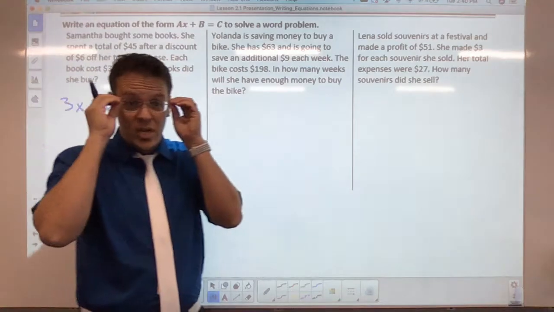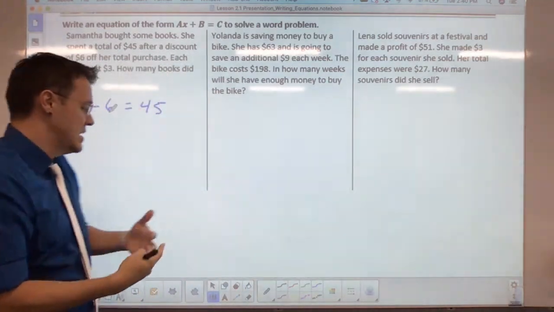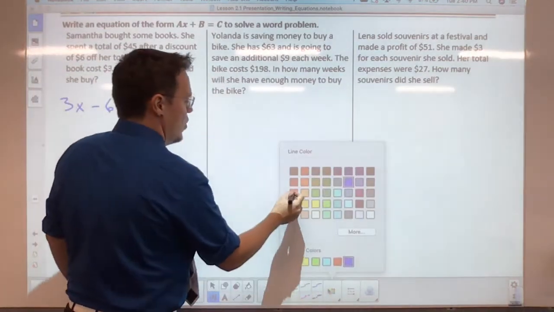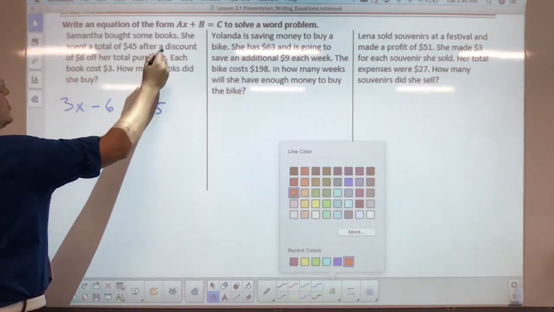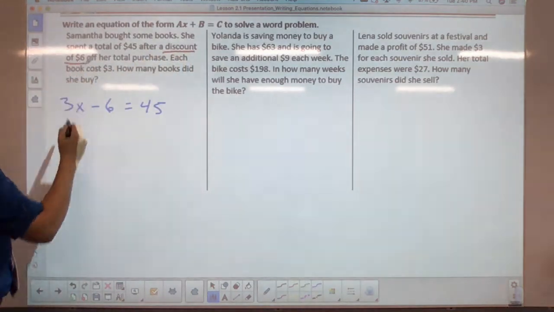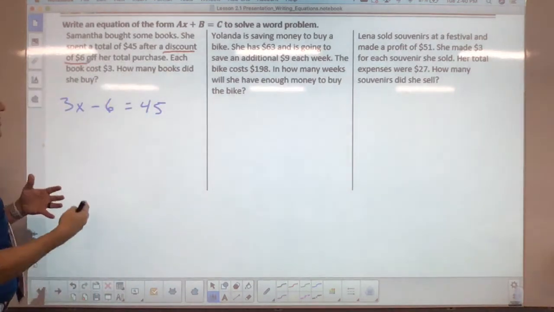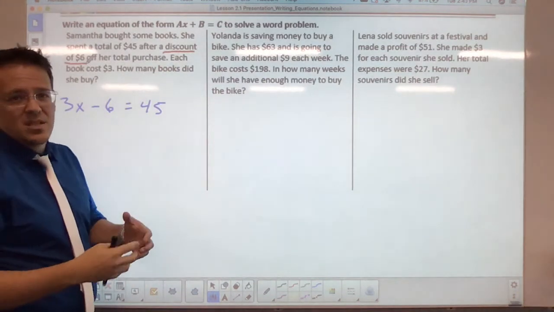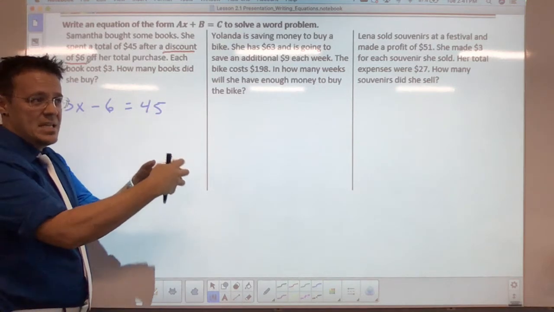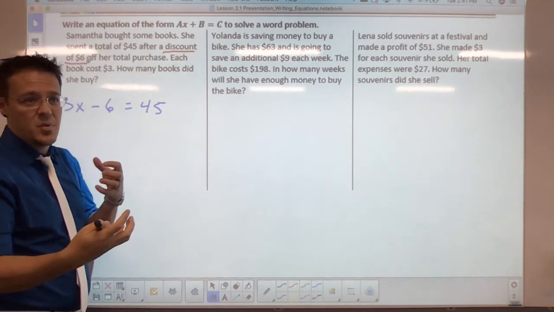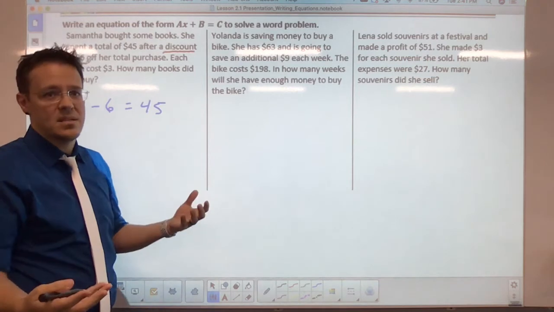Please make sure as you run through these that you can actually understand what is being read. It's very important that you understand what the term discount means, especially when it comes to a purchase price. And then you have to think, does it make sense? Would I buy a bunch of books and take $6 away because that's a discounted price? Yes, that makes sense.